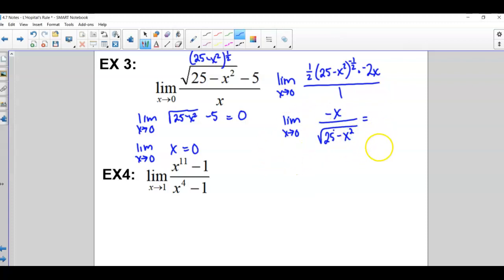And so if I plug in 0 now, I get negative 0 over the square root of 25 minus 0 squared, so I get 0 over 5, which is 0.